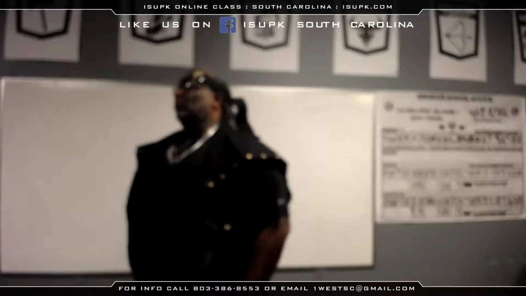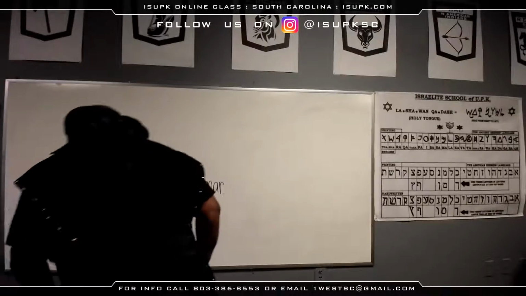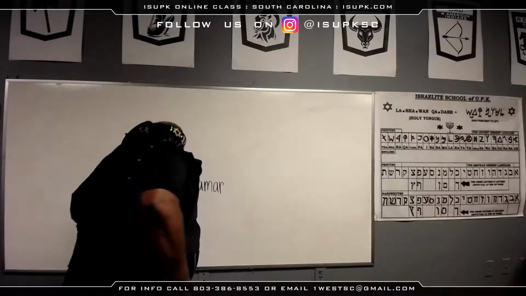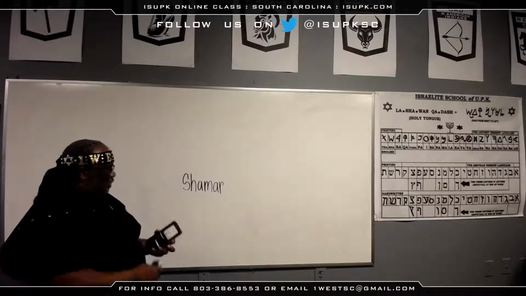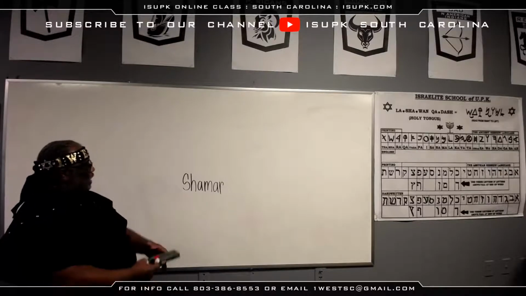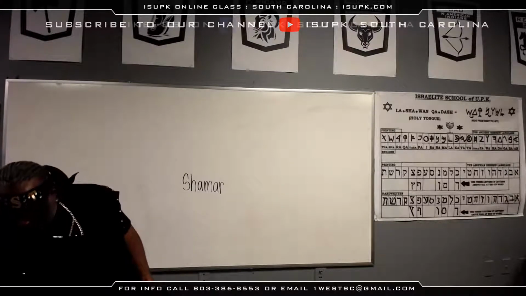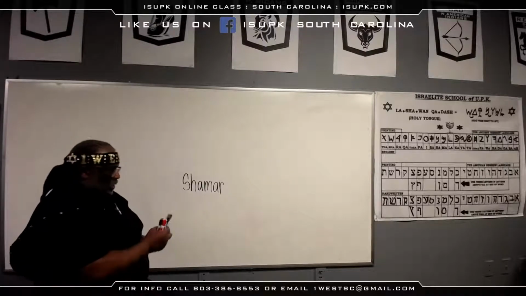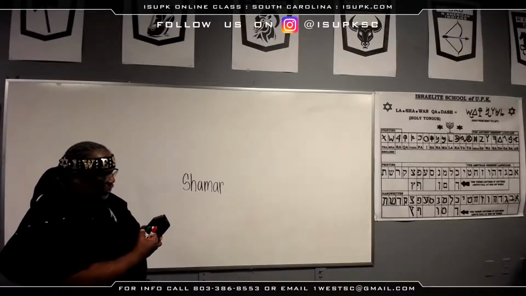People need to understand what some of these words come from, and how they fit into the language. Shamar means to watch, to be on watch. We're going to go over that word here.